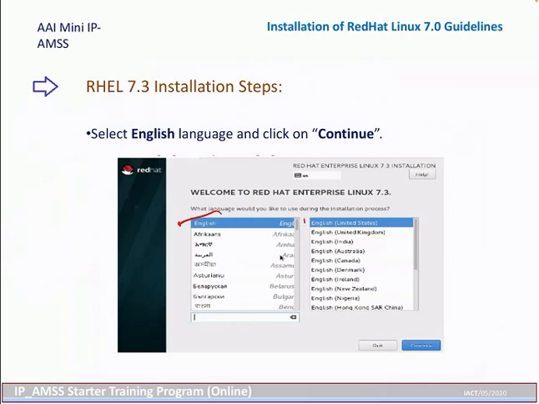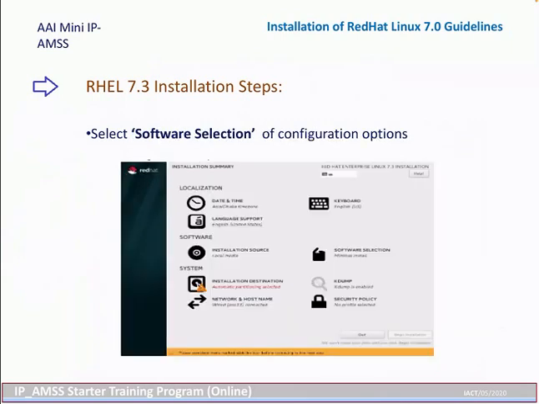First here simply select English language, English (United States), then click on Continue. Now you will get another window, and in this window you are supposed to select only two options. One is Software Selection and another is Installation Destination.